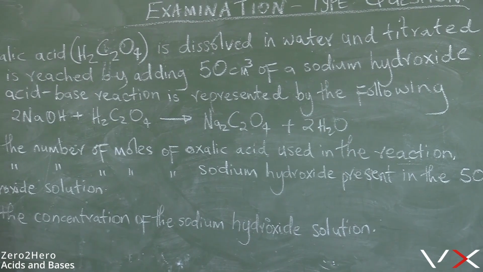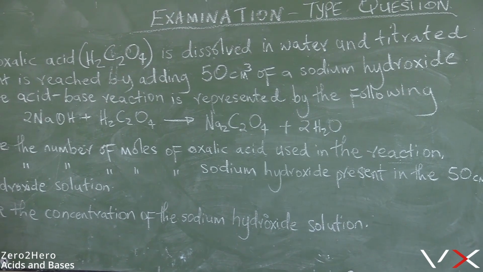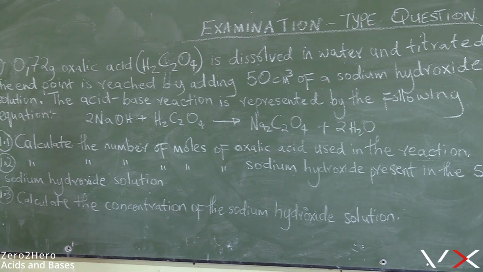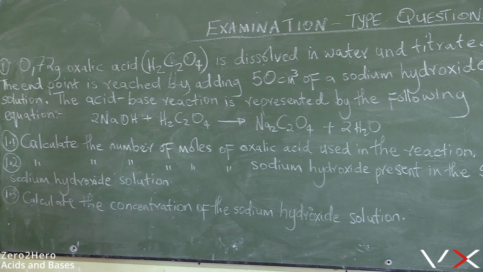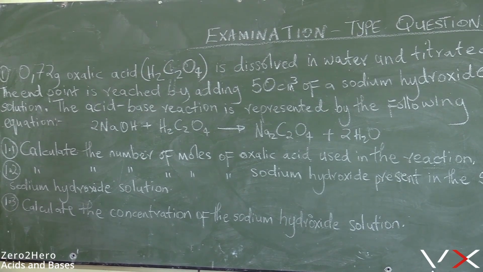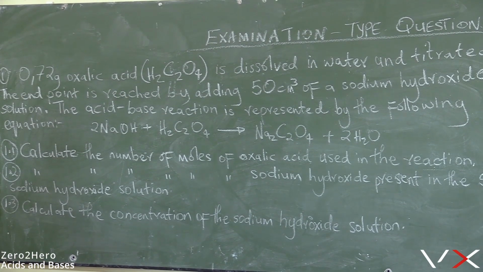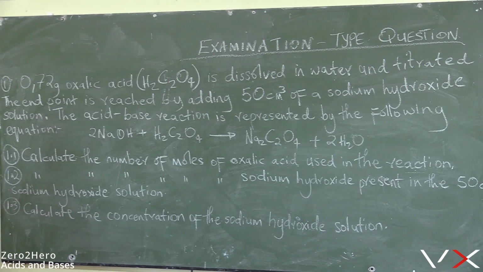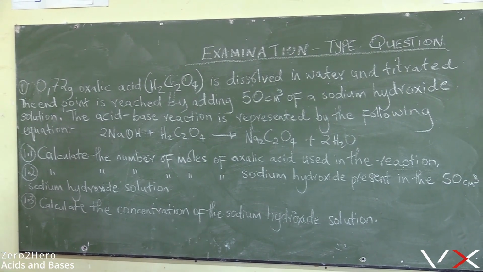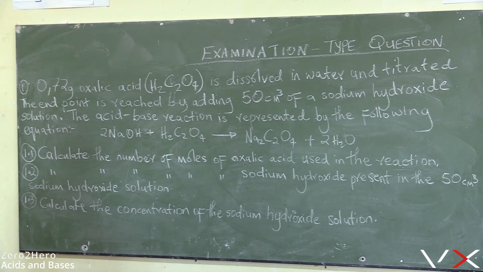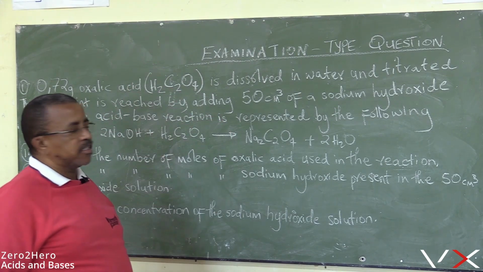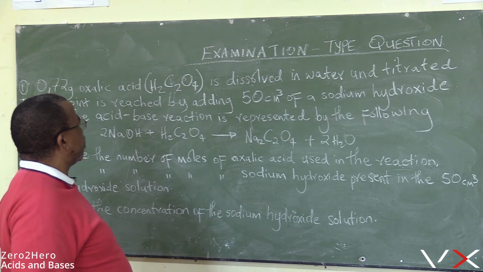So 1.2, it calculates the number of moles of sodium hydroxide. It says there was oxalic acid. Now they want the number of moles of sodium hydroxide present in 50 cubic centimeter of sodium hydroxide solution. Present in that 50, sikhumbula ukuthi kwenzekeni na kule ya 50: neutralize yonke oxalic acid.